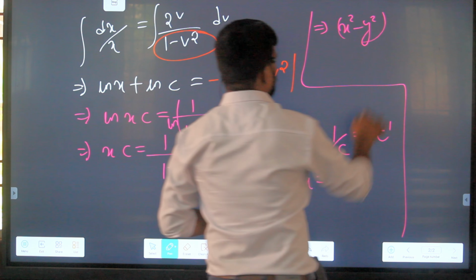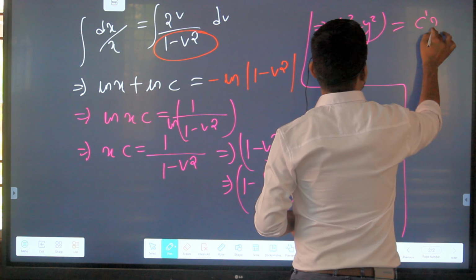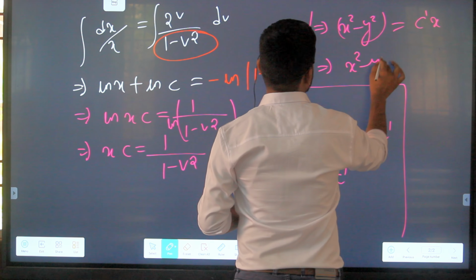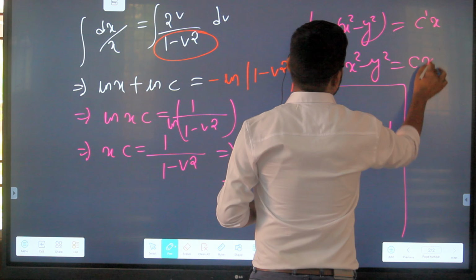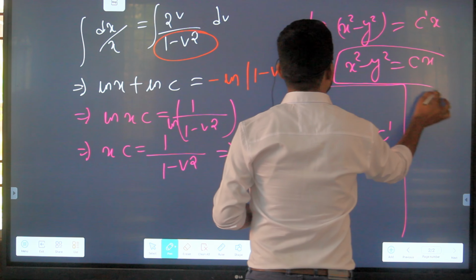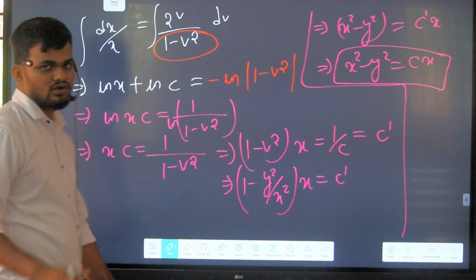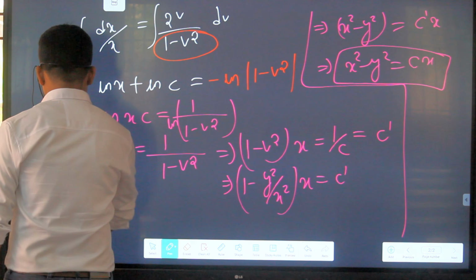Then I multiply, is equal to c dash x. So our final solution is x square minus y square is equal to c dash x, where c dash is the integrating constant. So the solution is x square minus y square is equal to cx. Let me check the solution in the options.